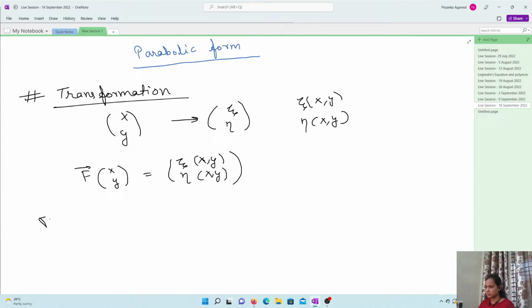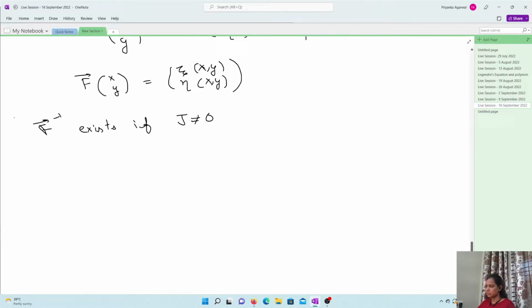And the inverse will exist only when the Jacobian is non-zero. So what is the Jacobian matrix in this case? It is the determinant of xi x, xi y, eta x, eta y, and this should not be equal to 0.